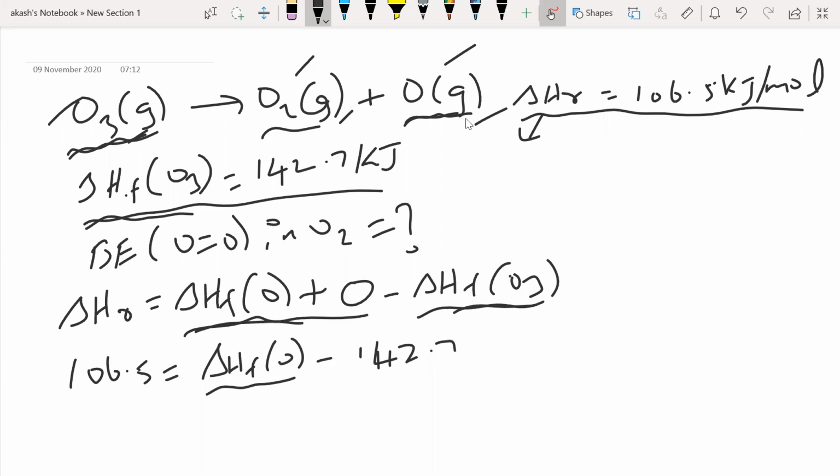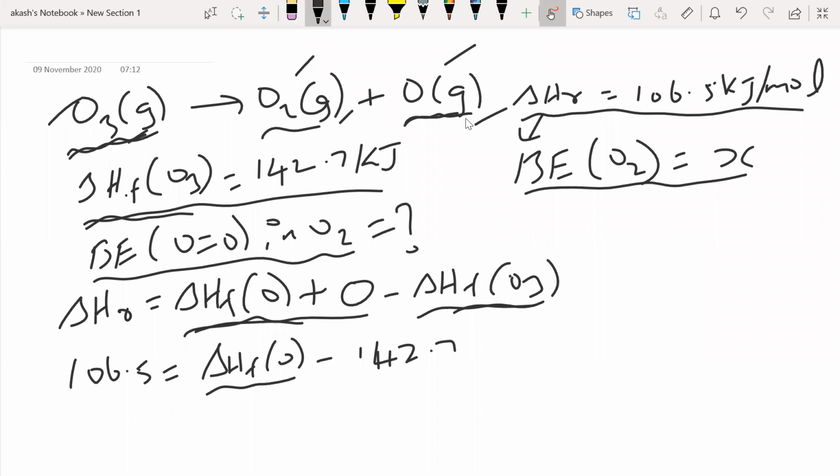But what they want to find, okay, now people, actually I wish I should have done it in a little different way, but still it works. Now, if I want to find the bond enthalpy of O2, say the bond enthalpy of O2 is some X, how will I write the reaction for this particular enthalpy statement?